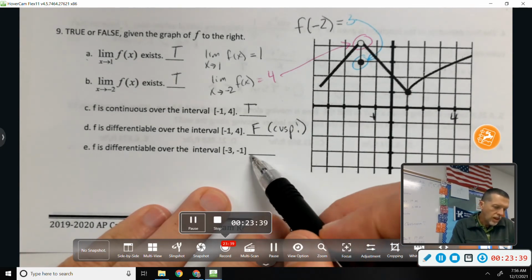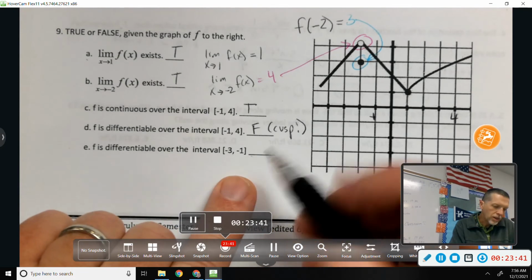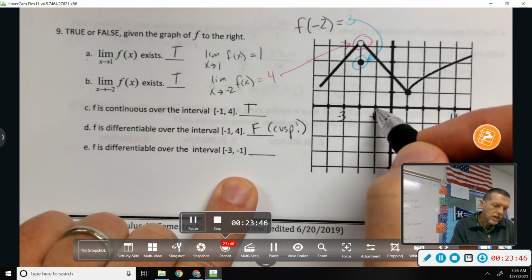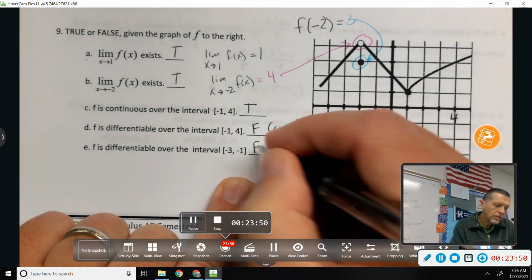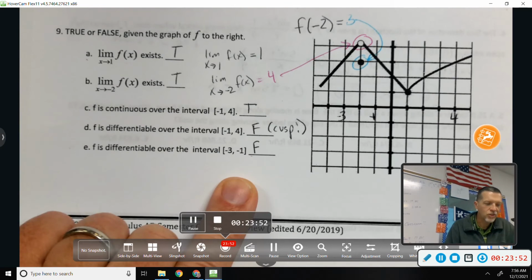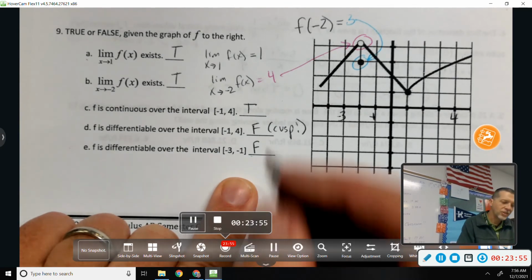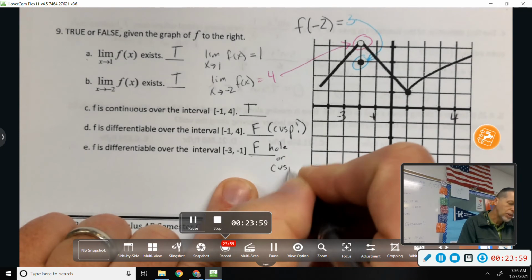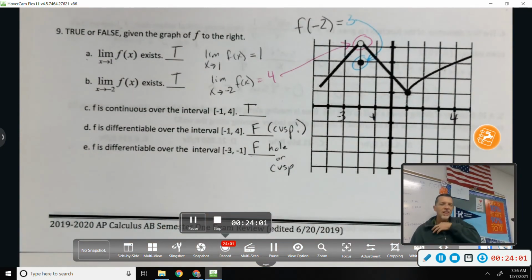F is differentiable from negative 3 to negative 1. False. That one actually has 2 reasons. There's a hole, so that would be a problem, or it's a cusp. Either reason would be sufficient to say that there's no derivative.